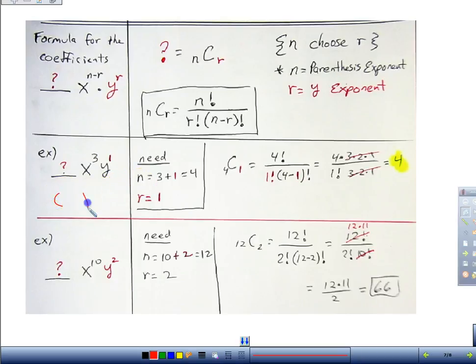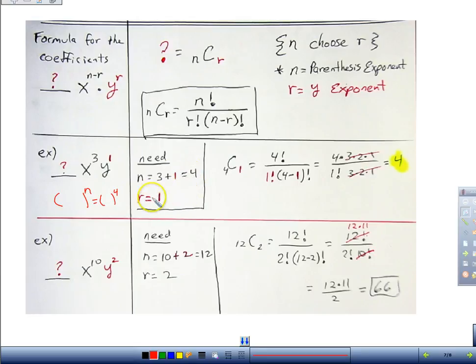However, if we combine the exponents, 3 plus 1, we get the exponent on the parentheses. So 3 plus 1 is 4, and so n is 4.